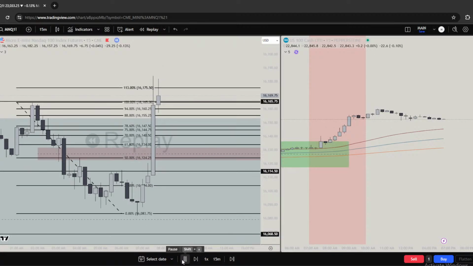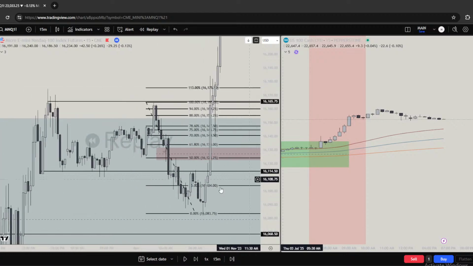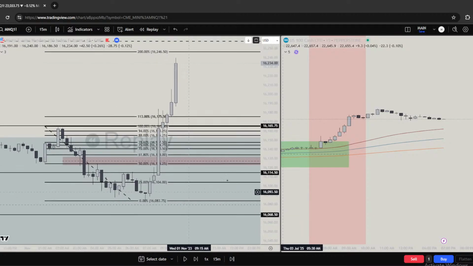It's at the 113 now. We could possibly see a sell-off. See what price does. Boom. Couldn't catch that.